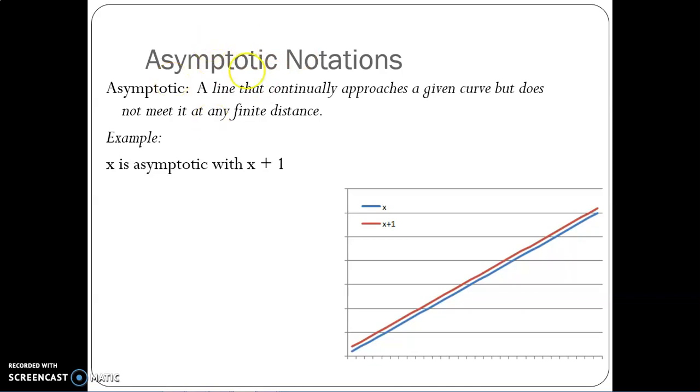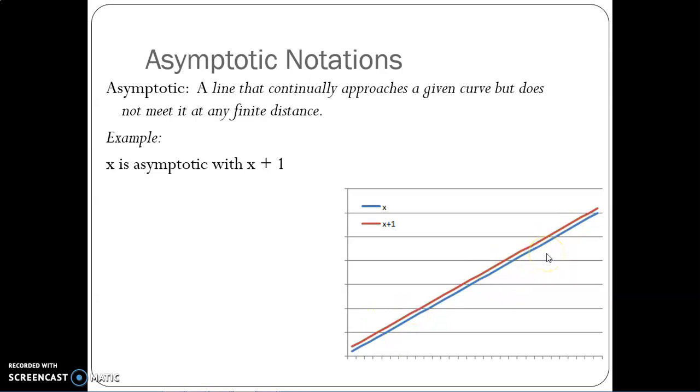Now what does asymptotic mean? Asymptotic is something which is continuously trying to approach another curve. There is a curve and it is continuously trying to approach the other curve, and there is a finite distance between the two curves and they will never meet each other. There is a curve line x and there is a curve line x plus 1.